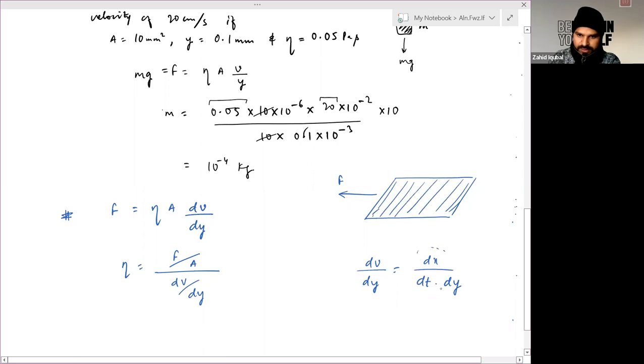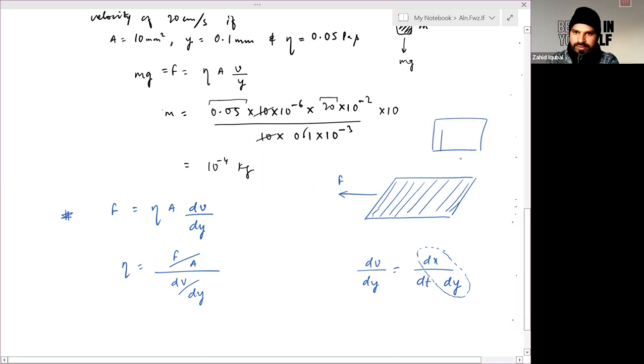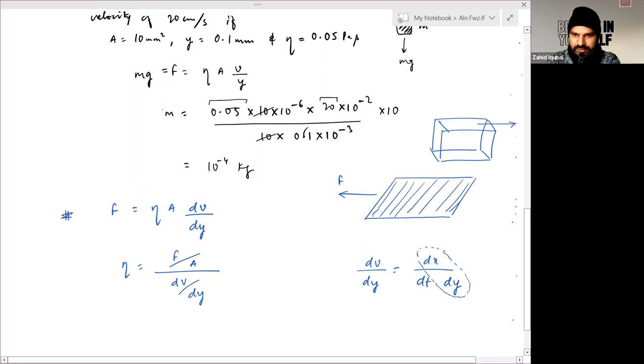This quantity will be nothing but the change or shift in the object towards the horizontal direction with respect to length in the vertical direction. Suppose you have a cube like this. On applying any force tangential to this, there will be a shift or change in its face from this point to this point like this.